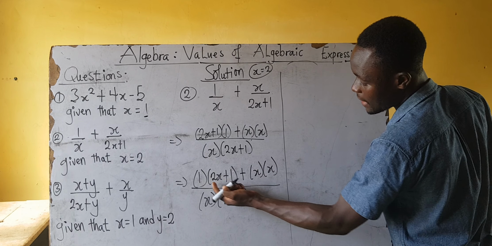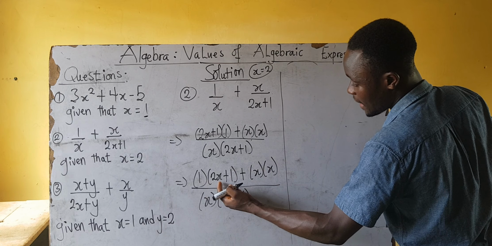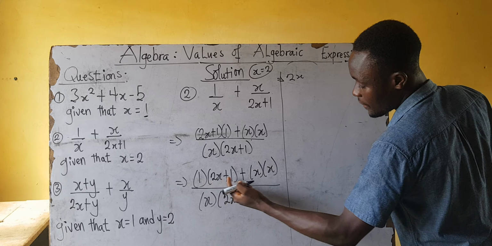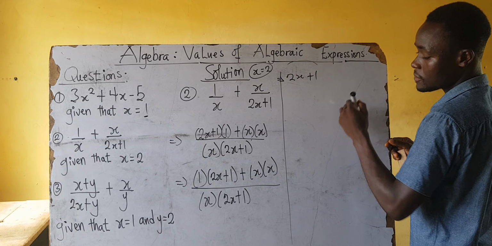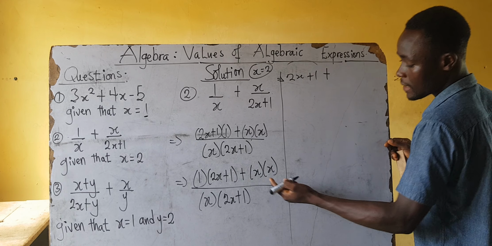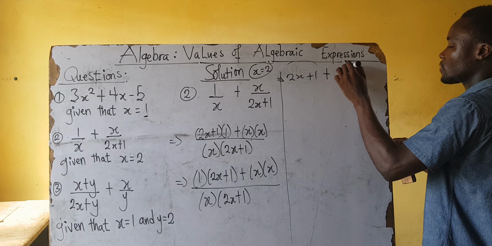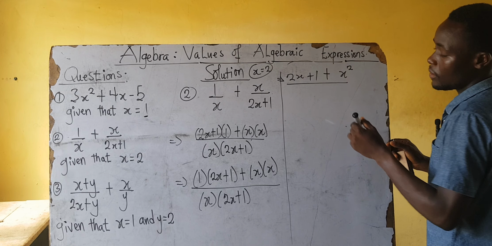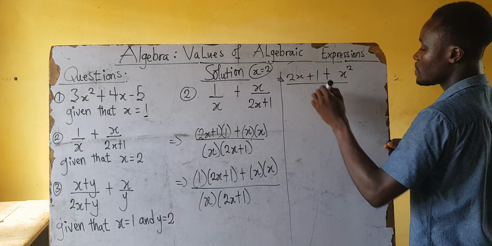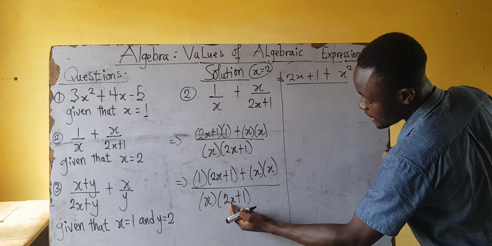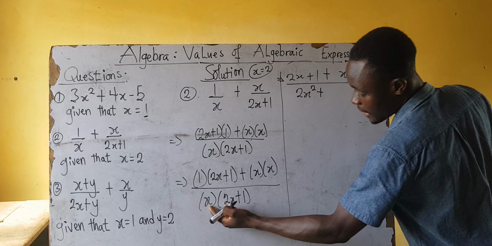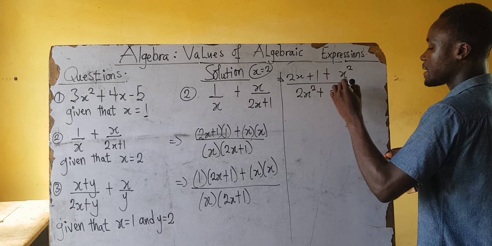So I'm going to use the 1 now to multiply that. So 1 times 2x, I'm going to get 2x over here, then 1 times 1, so I'm getting plus 1. Then I'll come to this side, so plus x times x, I'm getting x squared, all over x times this, I'm getting 2x squared plus x times 1 gives me x.